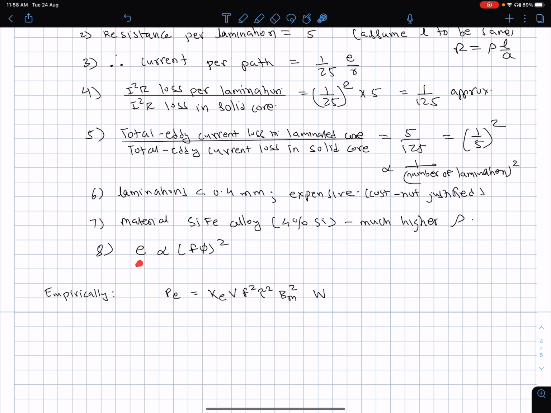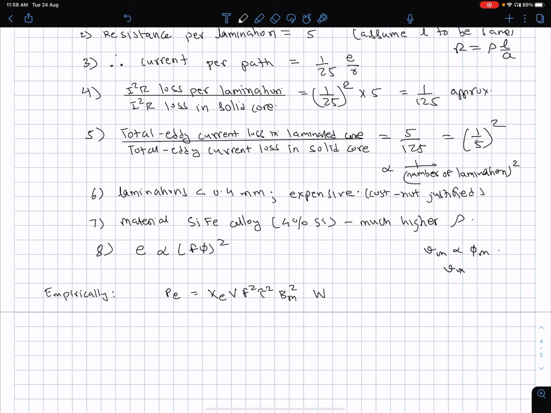Finally, eddy current losses are proportional to the square of the flux, because phi m is proportional to Vm that I apply to the transformer. You will see this even more neatly later.